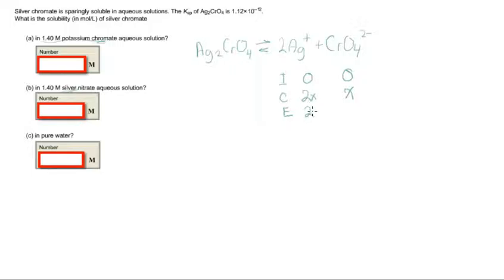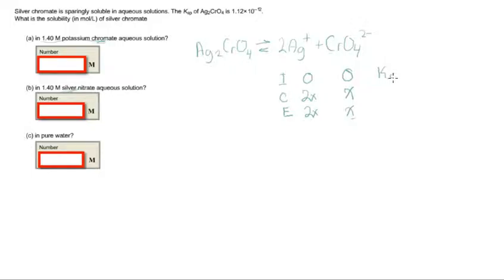So the equilibrium concentrations are 2x and x, and when they ask you about solubility, they're basically saying what x is. Okay, we have 1 mole of this, 1 mole of this is produced, so we're looking for x.